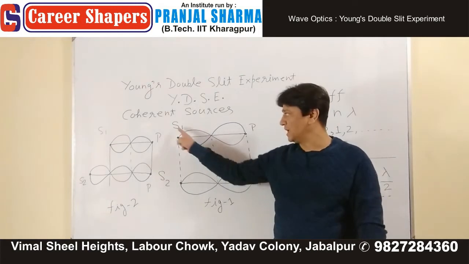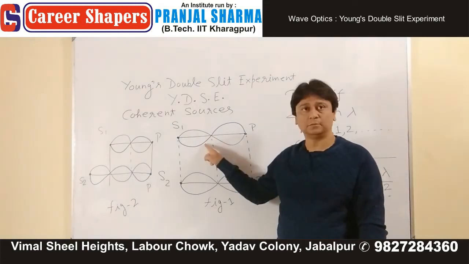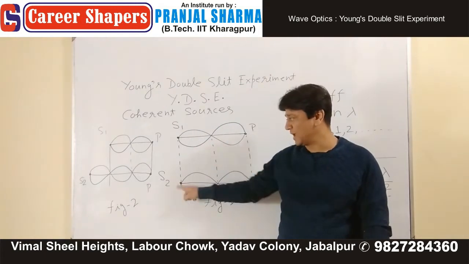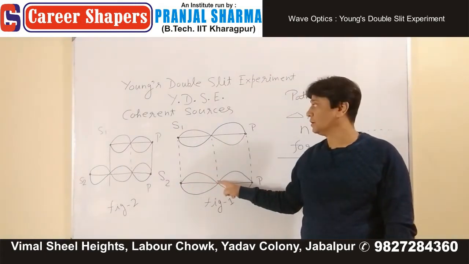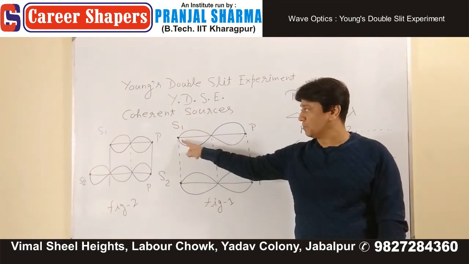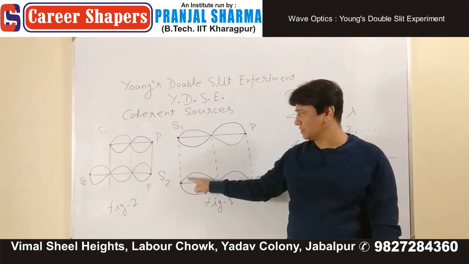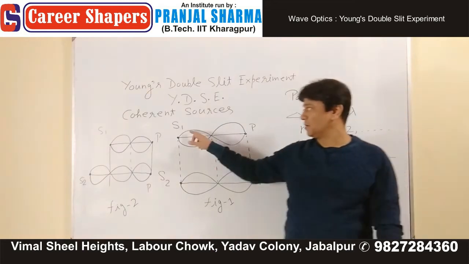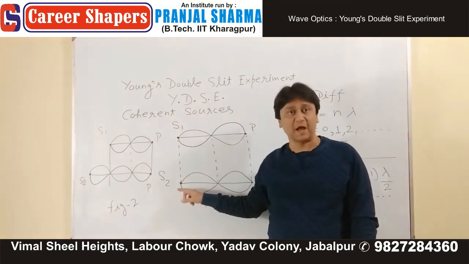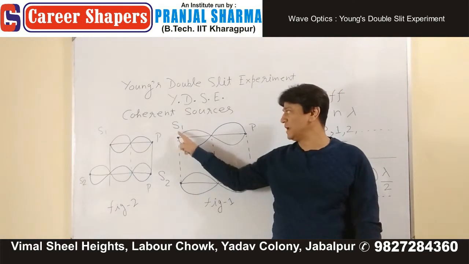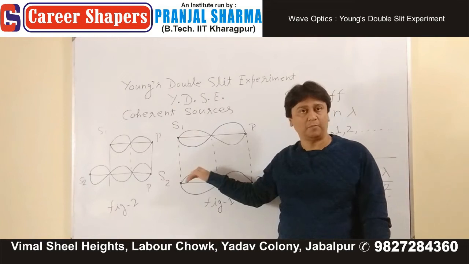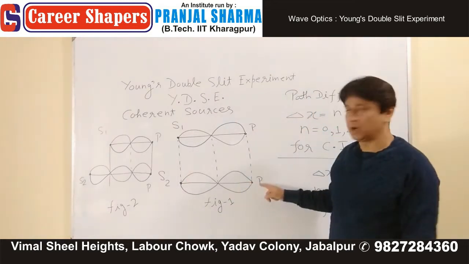Next time when S1 sends blue, they have to maintain a fixed phase difference and therefore S2 will be sending black. So if this blue interferes with black, you get what? Dark. So if you can maintain a phase difference of pi between S1 and S2, up, down, down, up, then you always get what?